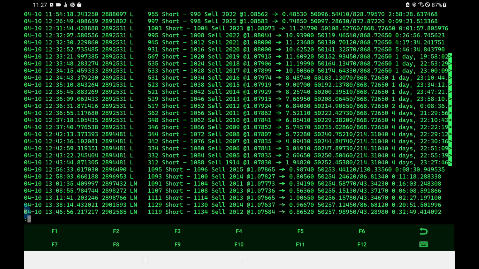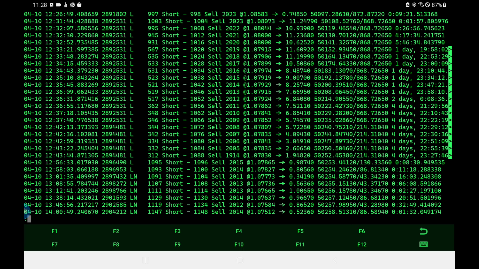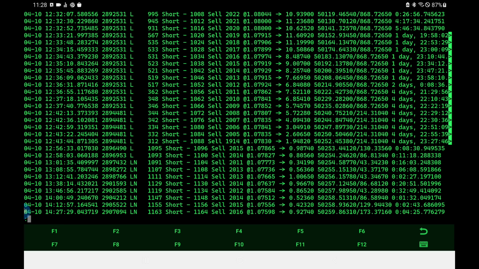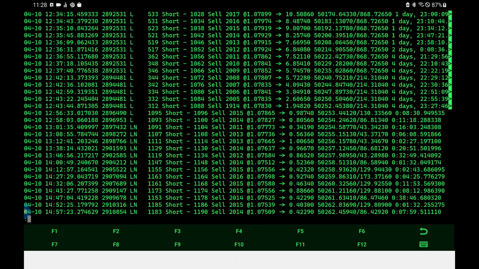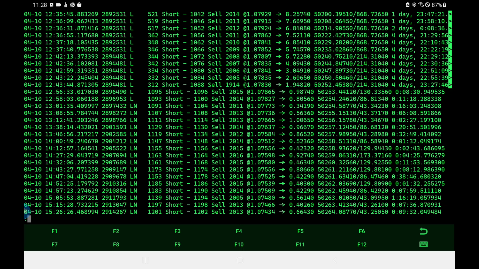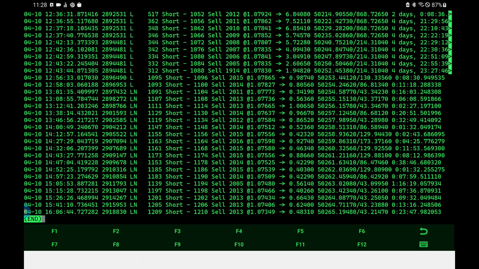We can see the volatility is still teetering a little bit higher than normal, but it's still not that bad as we continue going through the trades. And we are finally at the bottom of the log where the volatility is pretty much just slightly elevated.